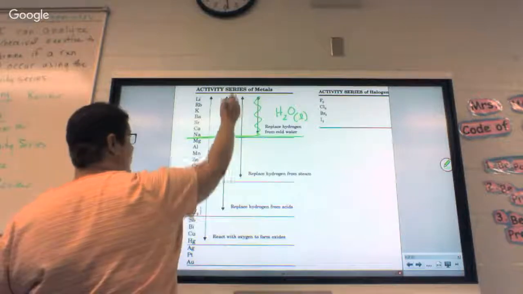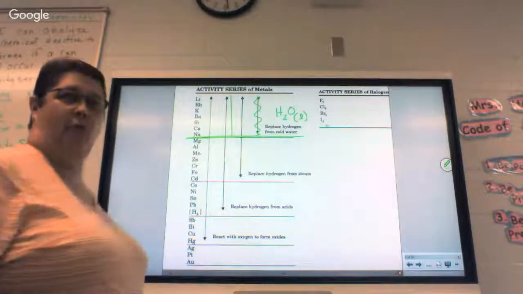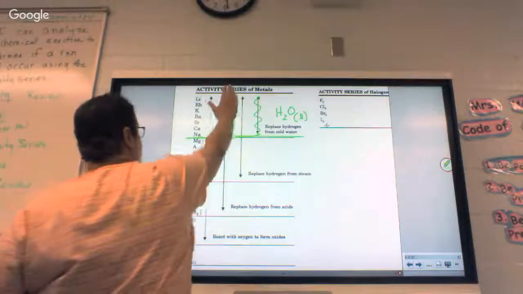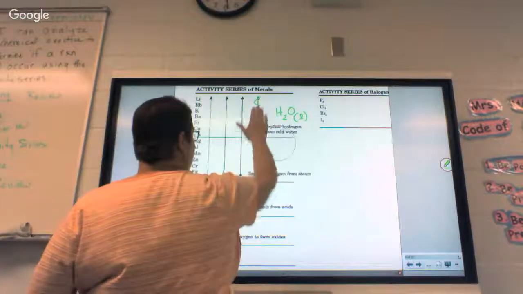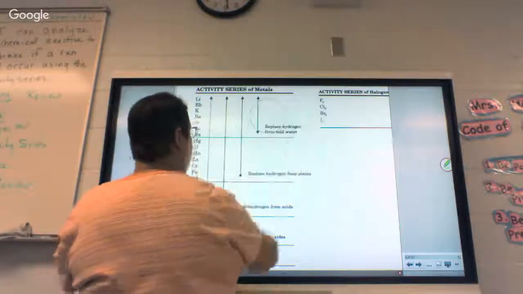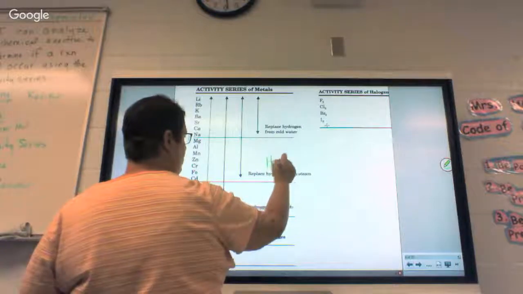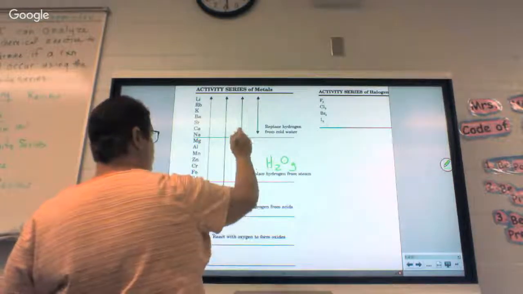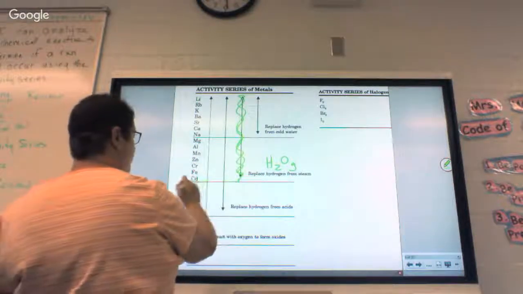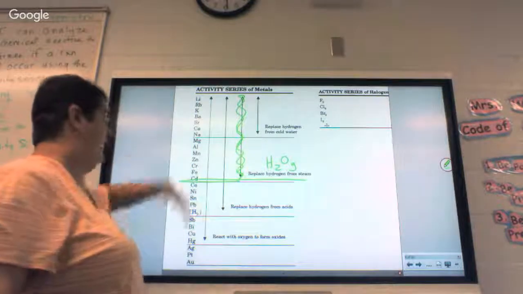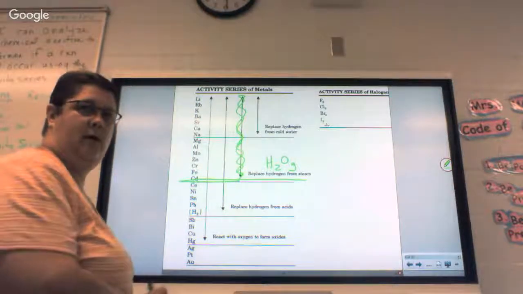It has to be from this line above to react to water as a liquid. If it says water is a gas, it has to be from here up, from there to there. It would have to be from that line and above.